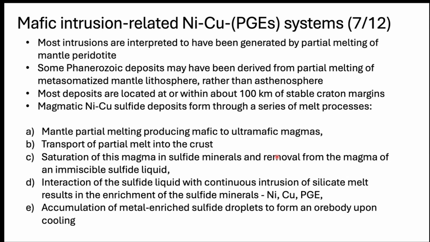So most intrusions, Sudbury notwithstanding, are interpreted as being generated by partial melting of mantle peridotite, probably a lot of them associated with mantle plumes. Some Phanerozoic deposits may have been derived from partial melting of the metasomatized mantle lithosphere rather than the asthenosphere.